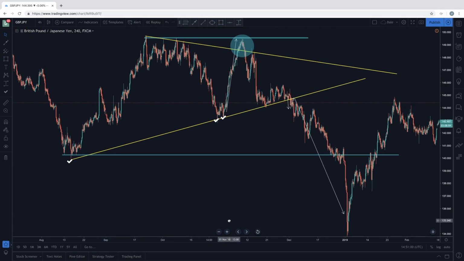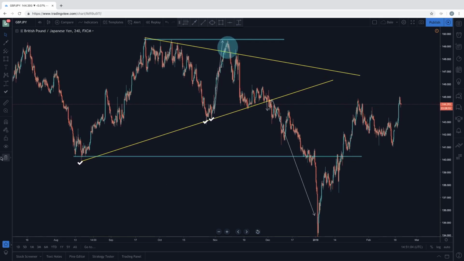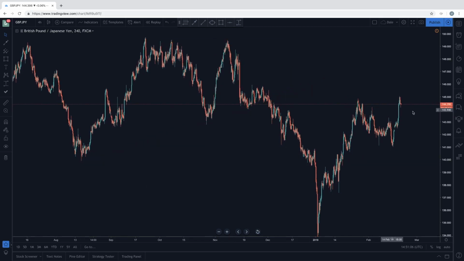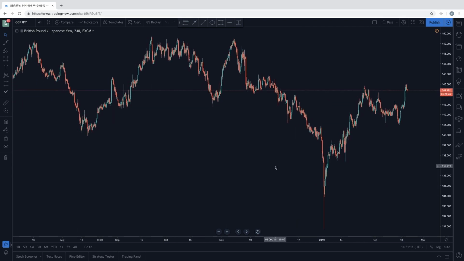So I hope that's cleared things up for you guys. I hope that's made a lot more sense in how to essentially clean up your charts, avoid lots of clutter, using trend lines in the best way that I think personally.